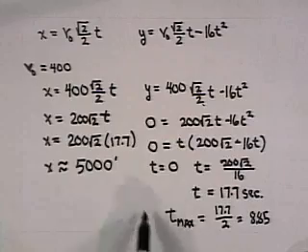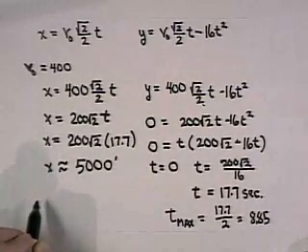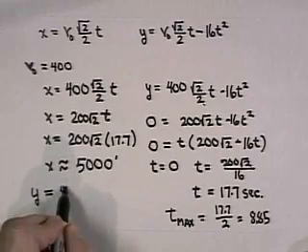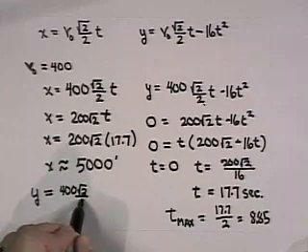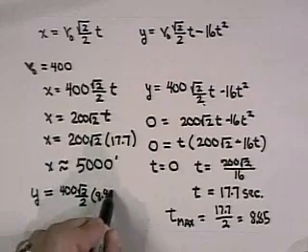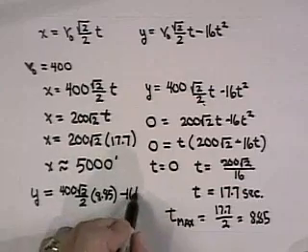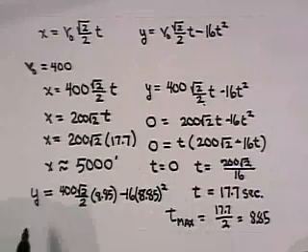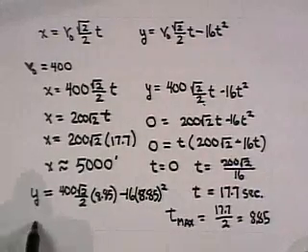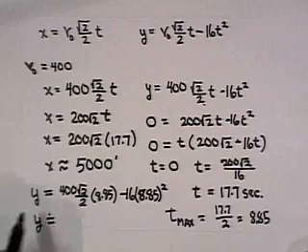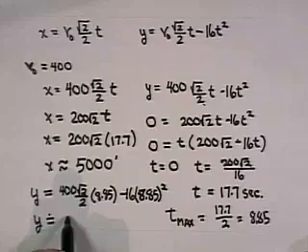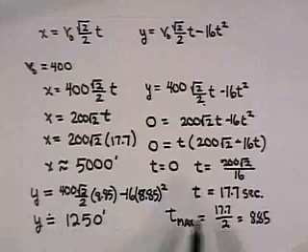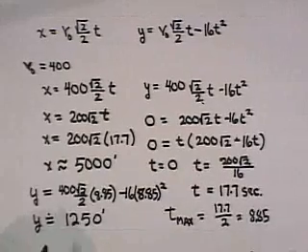We're going to therefore go back to the y parametric equation and substitute that value in. y equals 400 square root of 2 over 2 times 8.85 minus 16 times 8.85 squared. When we calculate that arithmetic using our calculator, we'll find that our maximum altitude is approximately 1,250 feet in the air, occurring at time 8.85 seconds.